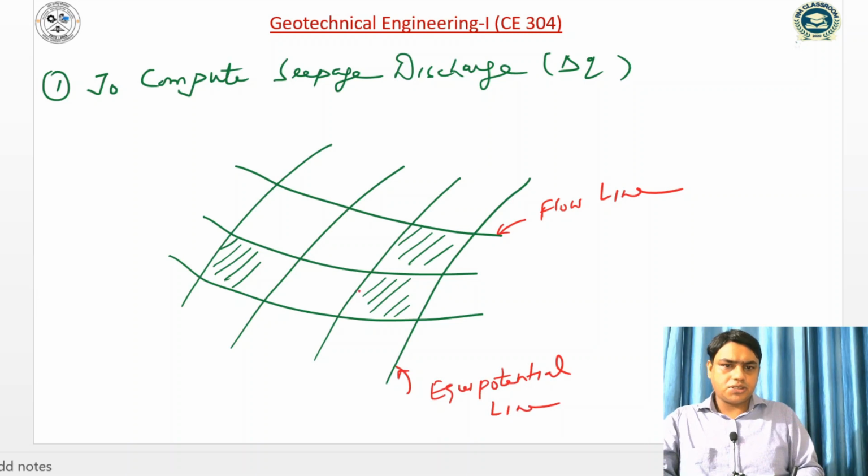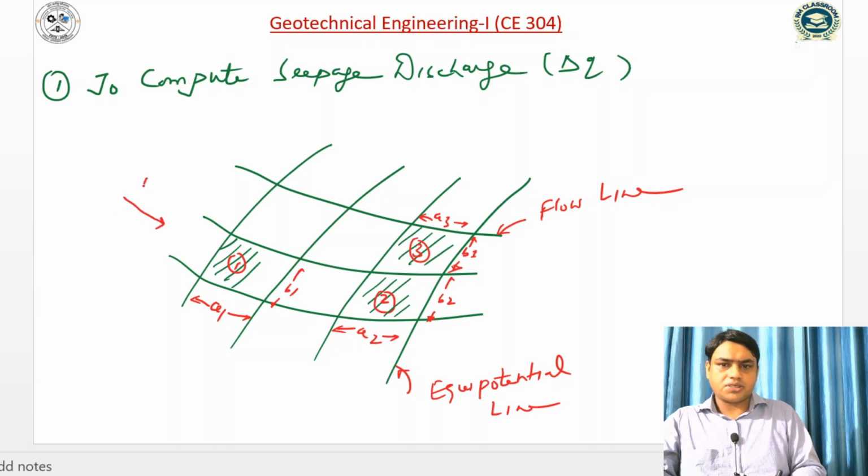So this flow field is second, this flow field is third, and this flow field is first. This dimension is A1 and this dimension is B1. Similarly, this dimension is A2 and this dimension is B2. Similarly, let us assume this is A3 and B3, and the flow is along this direction.